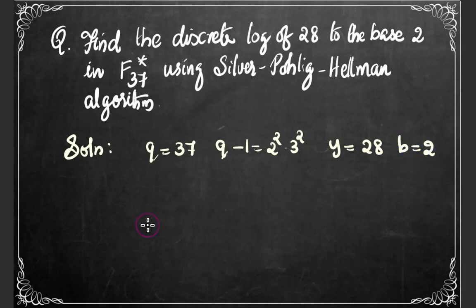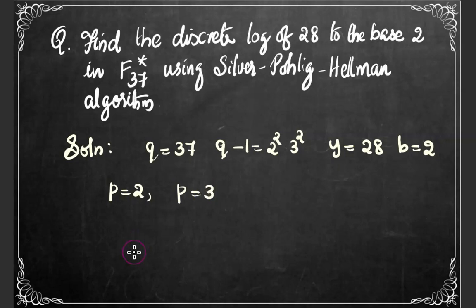According to the algorithm, we will need to consider each prime divisor p of this q minus 1. So we will need to consider p equal to 2 and p equal to 3 separately.